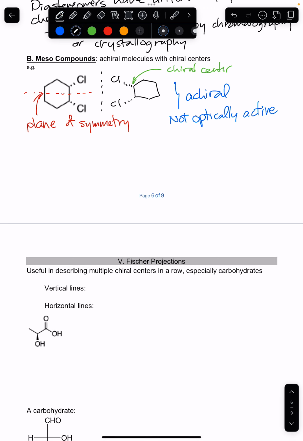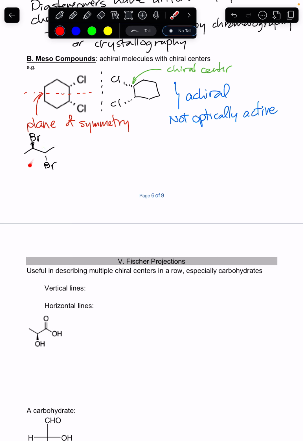And here's another good example of a meso compound situation. This compound. Now, on a casual glance, it may look like there's no plane of symmetry because if you cut the molecule in half right here, there's bromine here and bromine going back, and it looks different. But I want you to picture rotating this bond around so that we could draw this molecule in a different conformation like this.